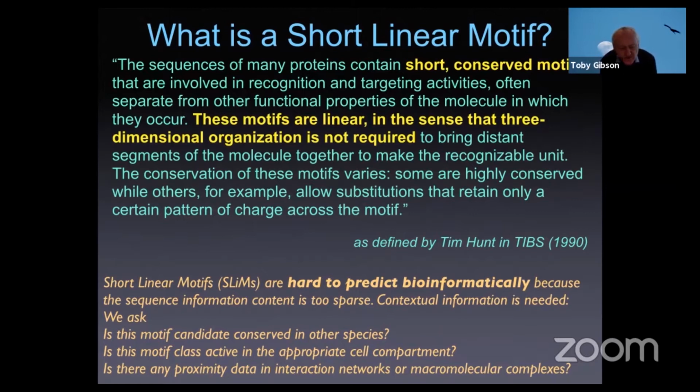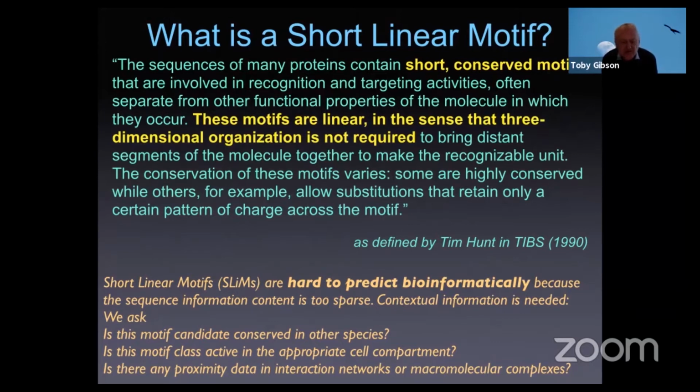So when we're looking at protein sequences and we think we might have found a candidate motif, we ask, firstly, is it conserved in other species? And then we want to know the protein that the motif is in, and the motif is probably going to bind to another protein. So is that activity going to happen in the appropriate cell compartment?